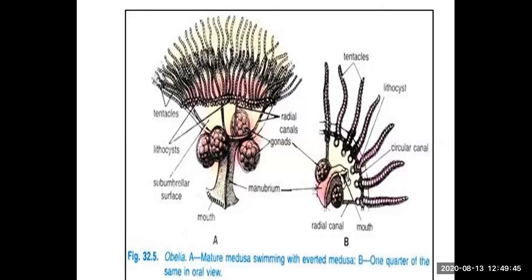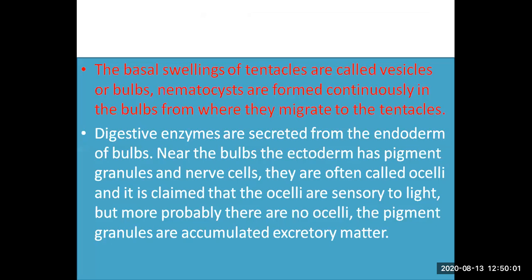It is a medusa, a mature medusa swimming in the water. Lithocytes, tentacles, circular canals, mouth and radial canals. The basal swellings of the tentacles are called vesicles or bulbs. Nematocytes are formed continuously in the bulbs, from where they migrate to the tentacles. Digestive enzymes are secreted from the ectoderm of the bulbs.